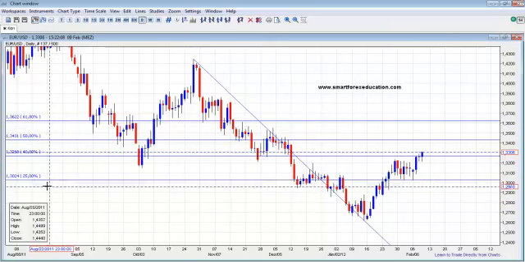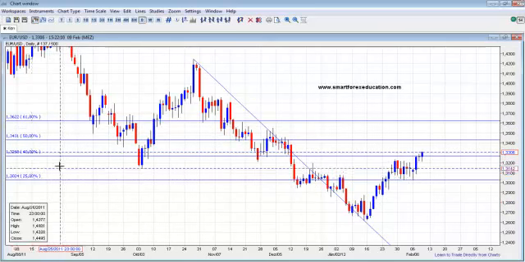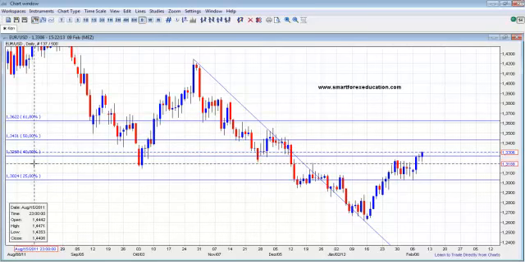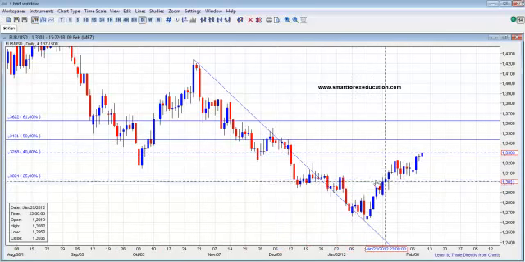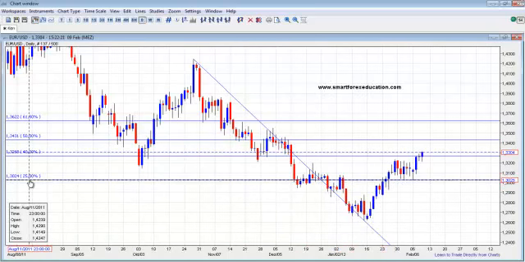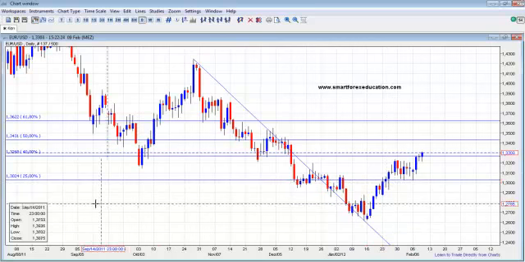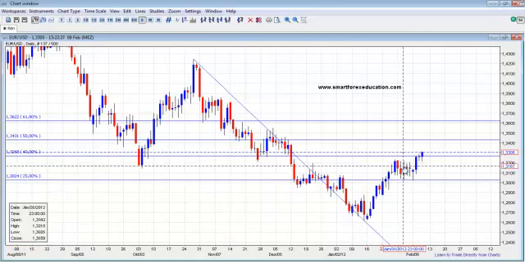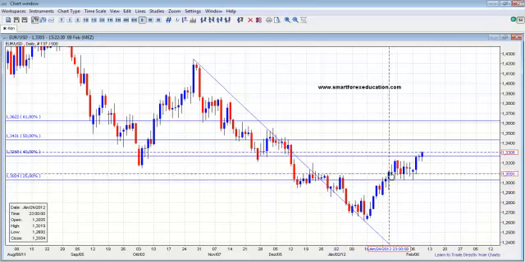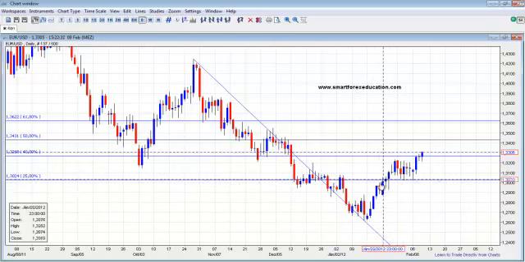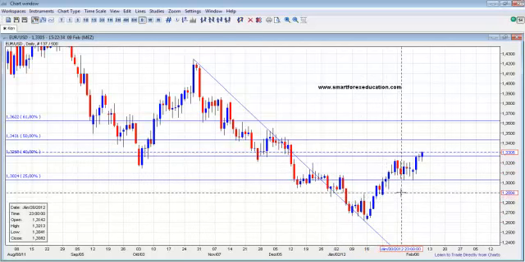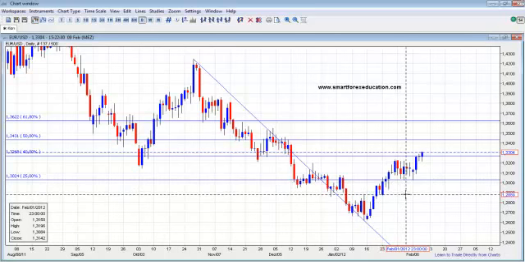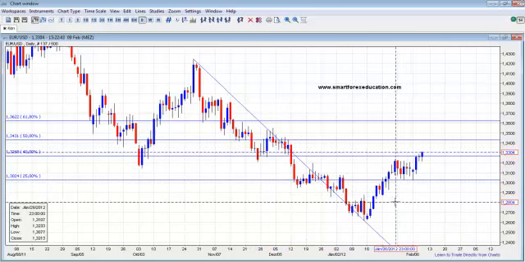The first one, the 25%. The second one, the 40%. The third one, the 50%. What we've seen is that the market broke straight through the 25% retracement level and continued the strength, continued the optimism in the market, which has come from the positive fundamental news out of Europe. The situation with Greece, potential packages are in place, so there's a lot of positive optimism in the market right now.